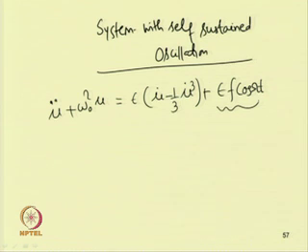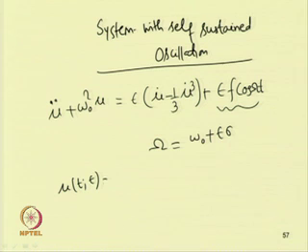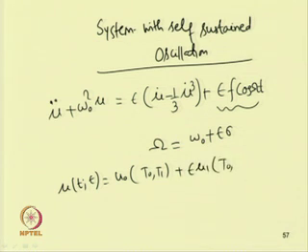So, considering the primary resonance condition, that is omega nearly equal to omega 0, let me write using the detuning parameter, omega equal to omega 0 plus epsilon sigma, and taking u of t and epsilon equal to u 0 of t 0, t 1 plus epsilon u 1 of t 0, t 1 and higher order terms.